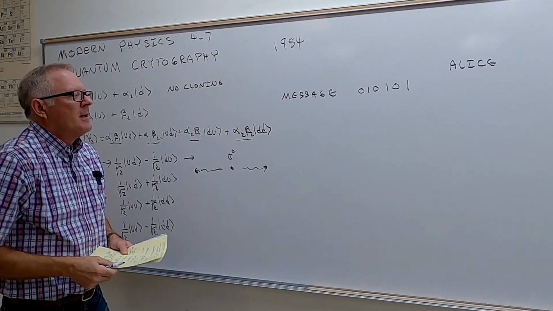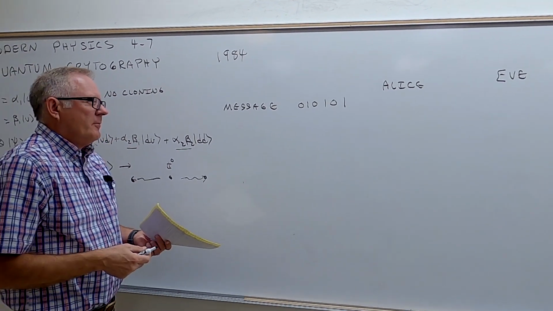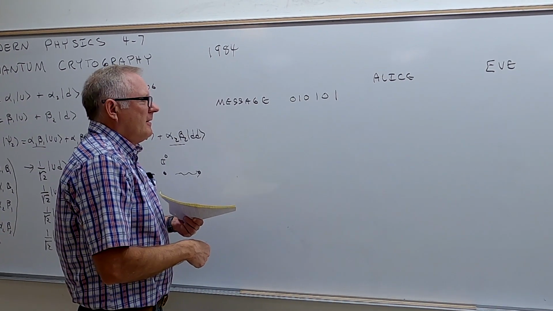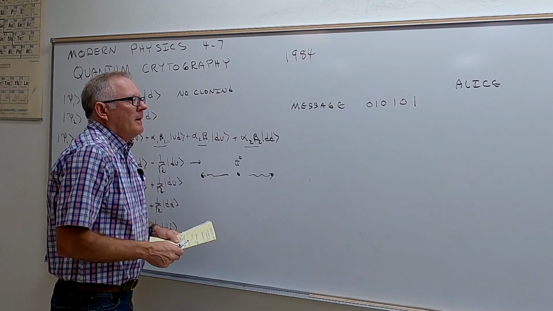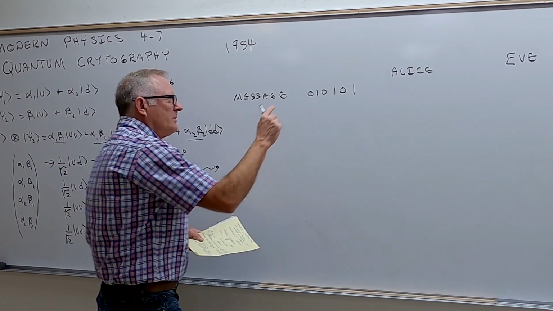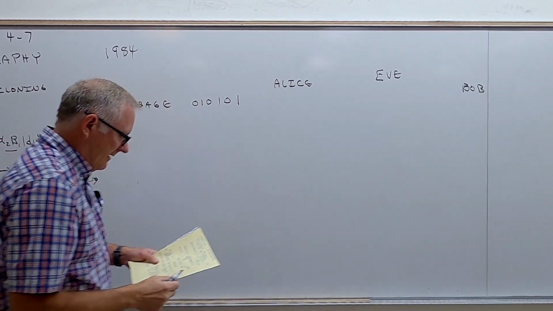These could be text, sound, movies, just about anything you can digitize. So that's what she wants to send from Alice to Bob, this message.